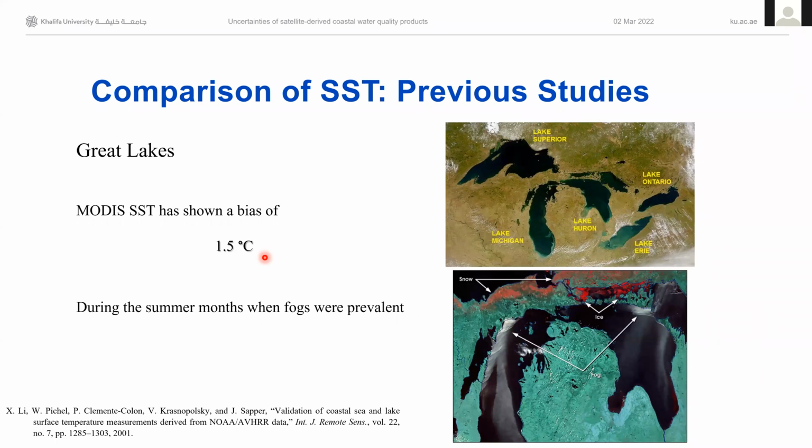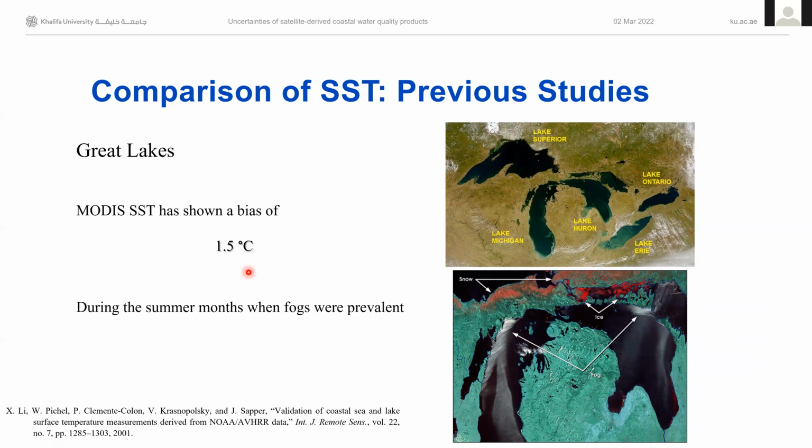In the Great Lakes, they also compared the MODIS SST with the in situ measurement, and they found a bias of 1.5 during the summer season, and this is because of the effect of the fog. The Great Lakes have foggy environments during the summer season, thus the bias increased to 1.5. So in this case, you cannot study climate change effect with such high-bias records of SST.